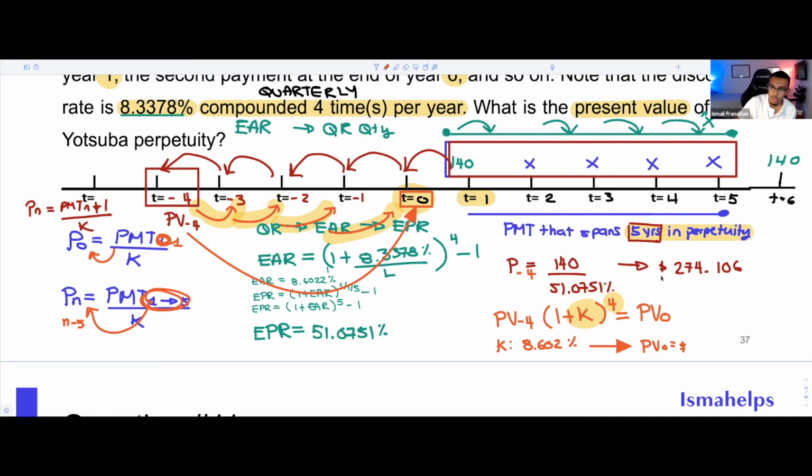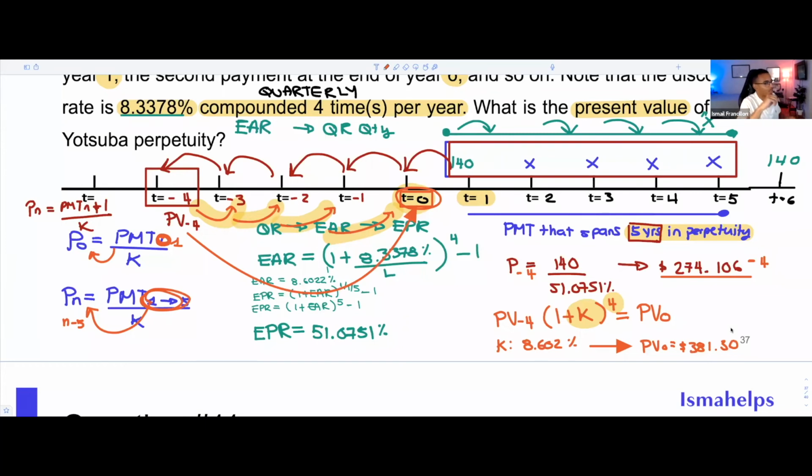If this is 274.10, and this is at -4, we need to compound interest for 4 years all the way to t equals 0. So it must be bigger than 274. Exactly, it's 381.30.